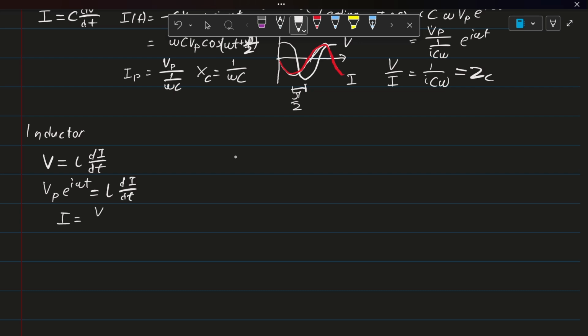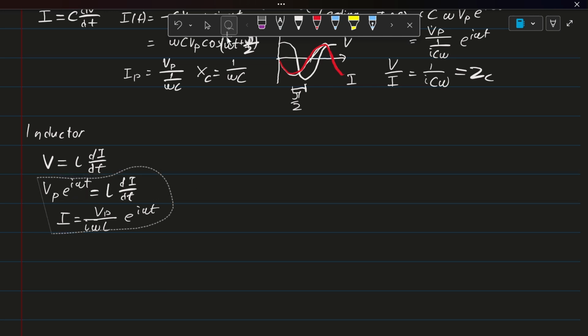So this will be Vp over L omega i at the bottom, and this is e to the power of i omega t. So we could just plug it in to check the value. This is what we get if we use complex numbers.